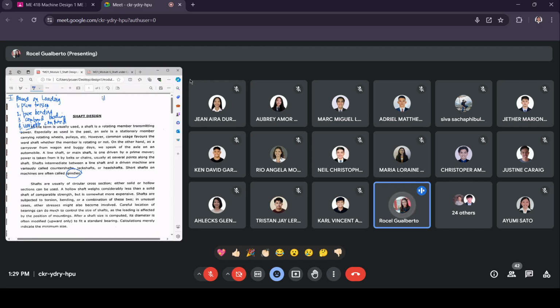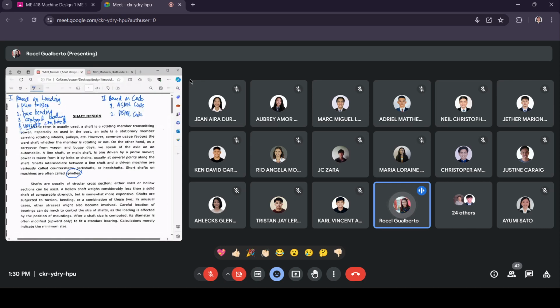The second one, we can base the design on code. When we say code, these are detailed procedures on how you will be designing for a specific shaft, okay? Based on the code, the first one is called the ASME code, and then the second one is the PSME code.